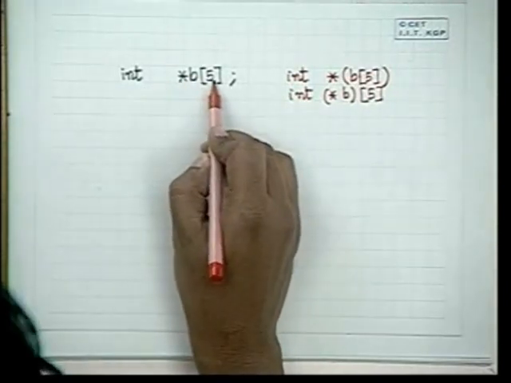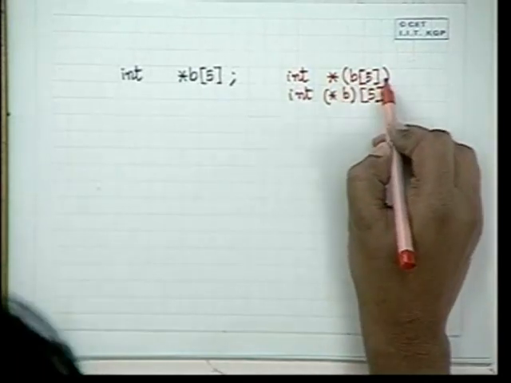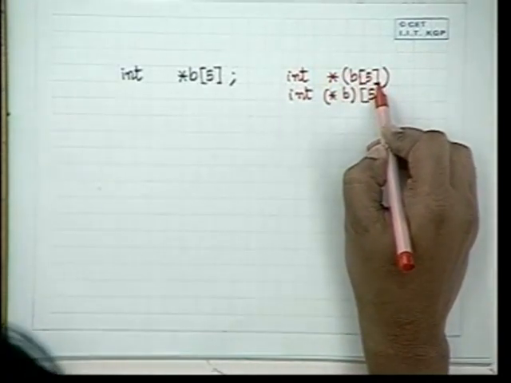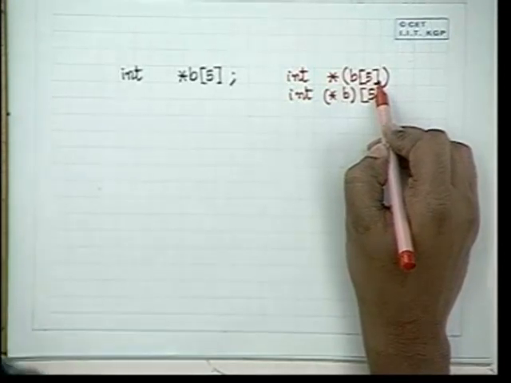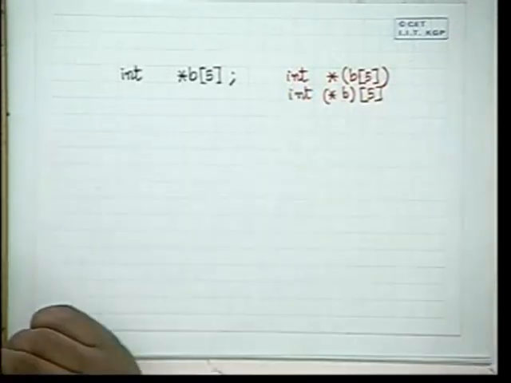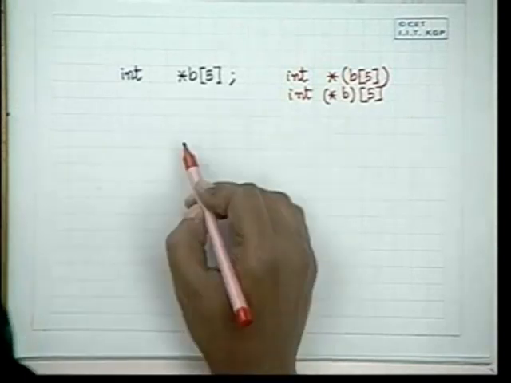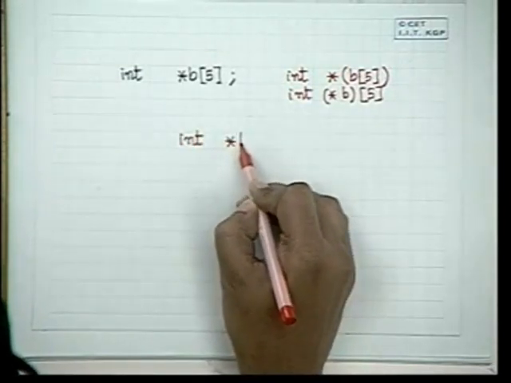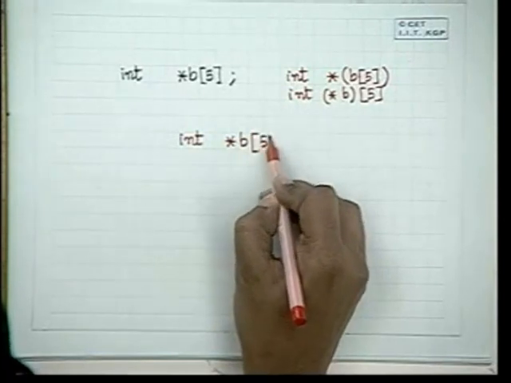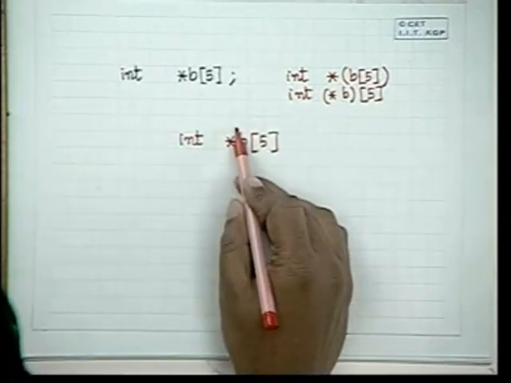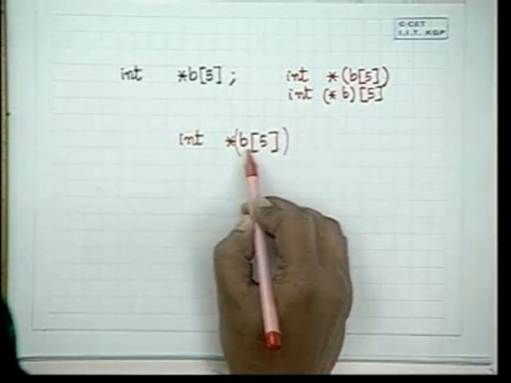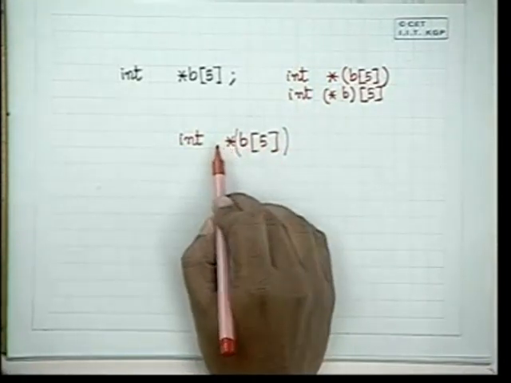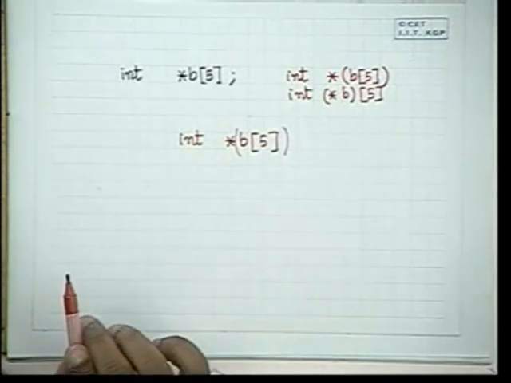that an array of 5 elements, this one means that there is an array of 5 elements and each of them is a pointer to an integer. int *b[5], an array of 5 elements and each of them is a pointer to an integer.